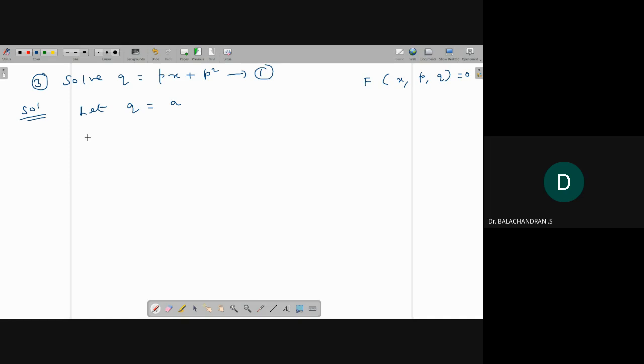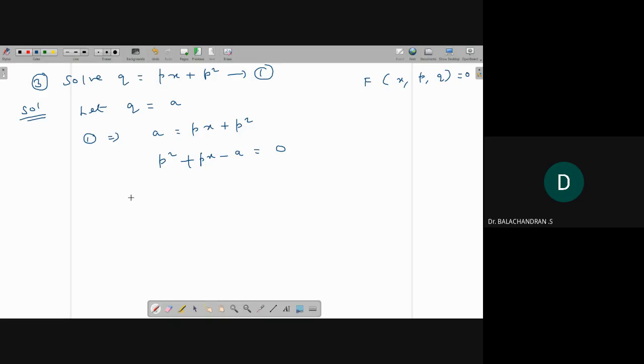Then equation 1 implies q is a. Substitute q equal to a in equation 1: a equals px plus p square, or you can write p square plus px minus a equal to 0. So this is a quadratic equation in p.